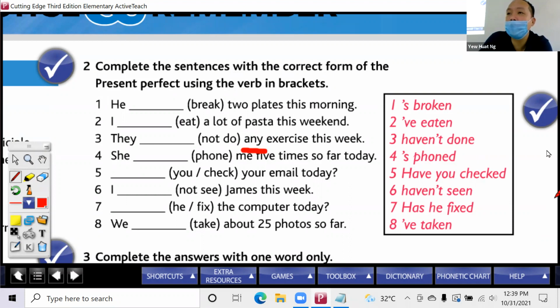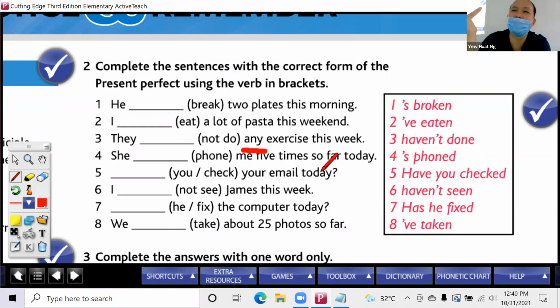They haven't done any exercise this week. So actually, there is no meaning for this any, but we do need to add it in just to complete the grammar.